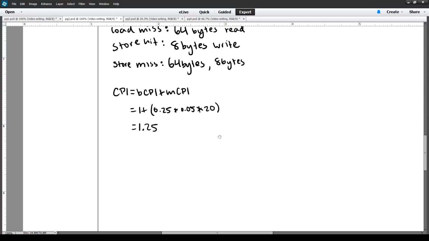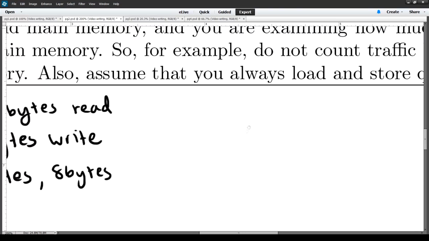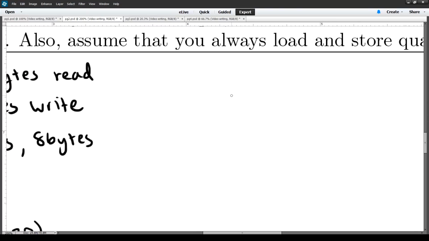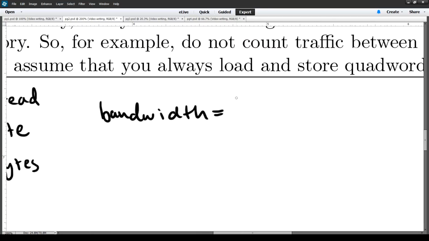All right. So now we're going to calculate the number of bytes read and written, and what percent of the time. You'll see why we need to do this in just a second. I came up with a sort of formula. I can't remember where I got this from, but bandwidth is equal to the number of bytes that you're either reading or writing in any particular scenario.